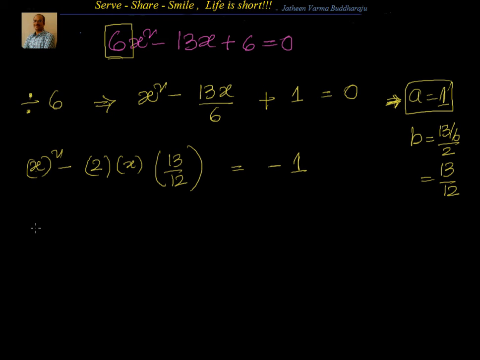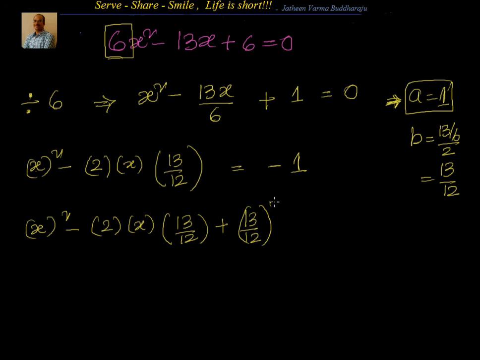Now the b² term is missing, so we will add the b² term. So we will write x² − 2·x·(13/12) + (13/12)² = −1 + (13/12)².